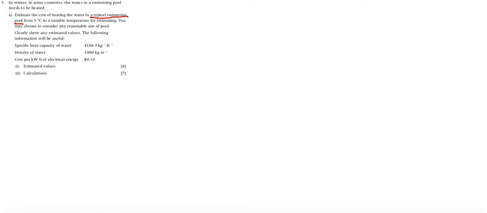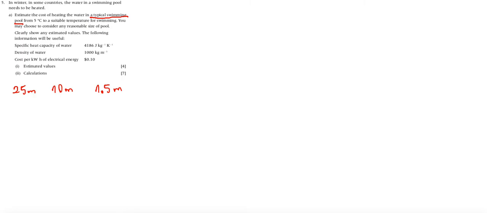The second dimension is 10 meters, and the depth on one side can be 1.5, on the other it can be 1 or 2, so around 1.5 meters. So this is the first assumption, the dimensions of the swimming pool. The second assumption is that the swimming pool is completely filled with water.